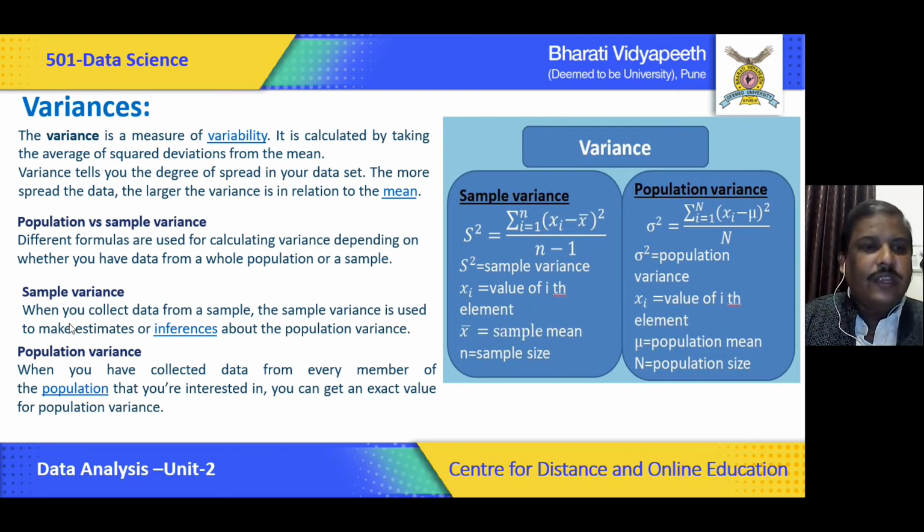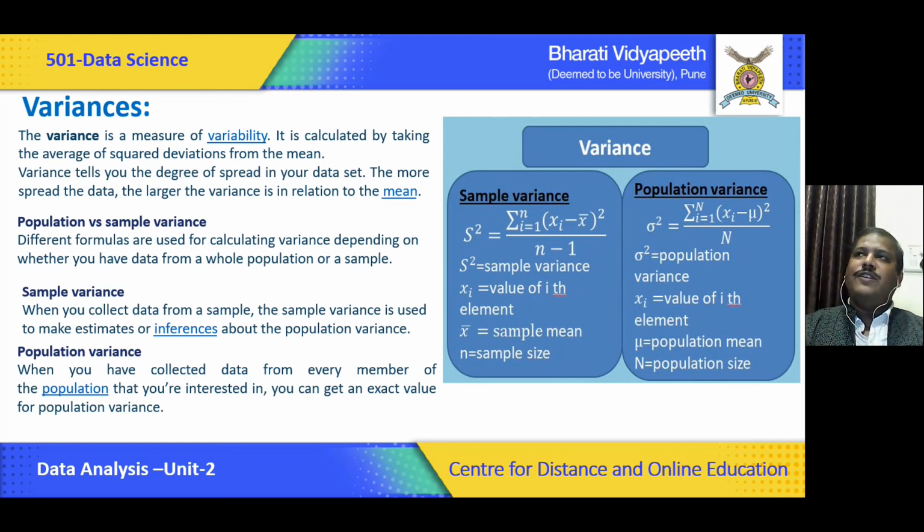Now you see here sample variance. When we collect data from a sample, the sample variance is used to make estimates or inferences about the population variance. By taking inferences from different kinds of values, we can predict the population variance.